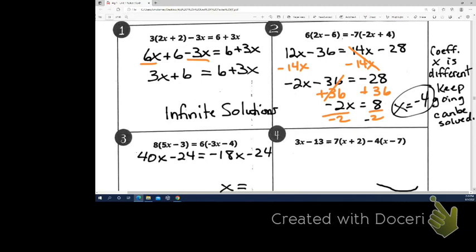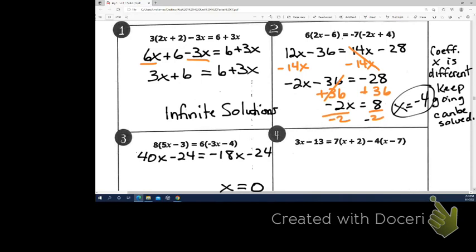I don't know off the top of my head what it is. Well, I actually do because I already worked it, but you would not. But you know that you can solve it. So you do have to keep going in that situation. If you keep going, this one you should get x equals 0. 0 is a real number. 0 is not a special case.